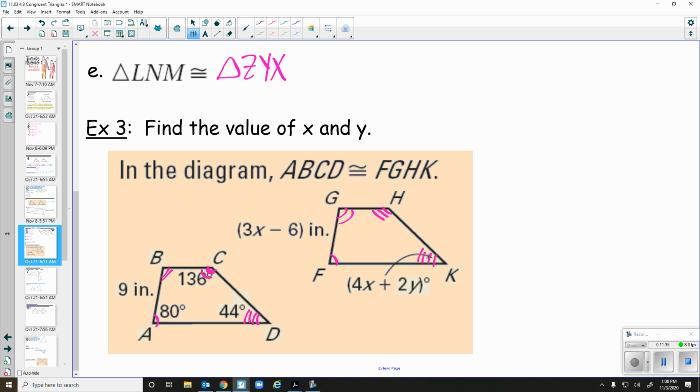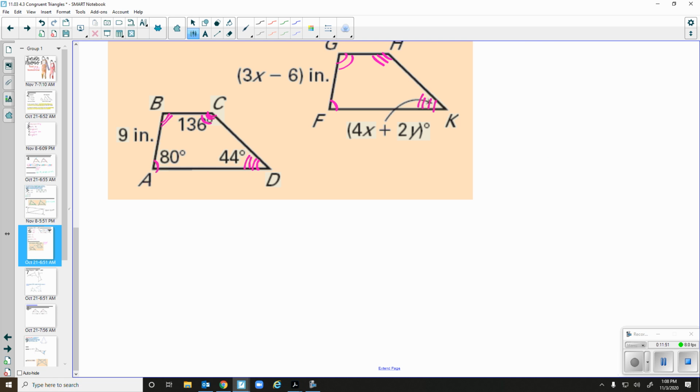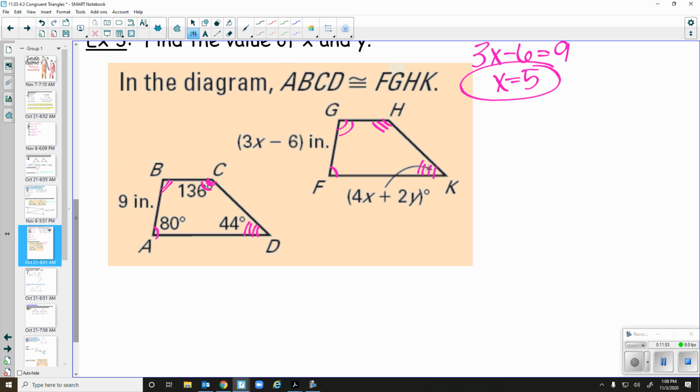3x minus 6 equals 9. Yep. 3x minus 6 equals 9. So that's 3x equals 15, so x equals 5. Then using that, this makes this 20 plus 2y. We plugged in that 5 for x.